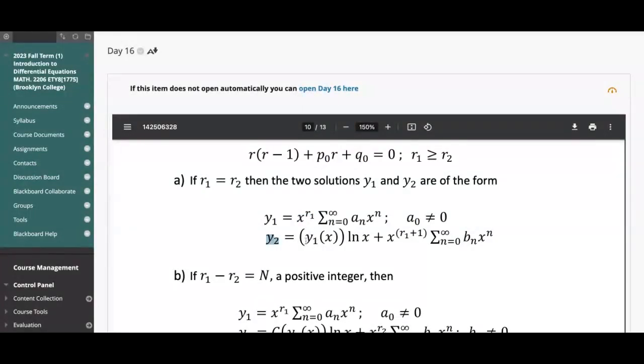The second solution is y1, the first solution, multiplied by log x, then plus this piece, x raised to the root plus 1. Or we can push this inside so the power of x becomes x raised to n plus r1 plus 1. This is plus a root because those two roots are the same.